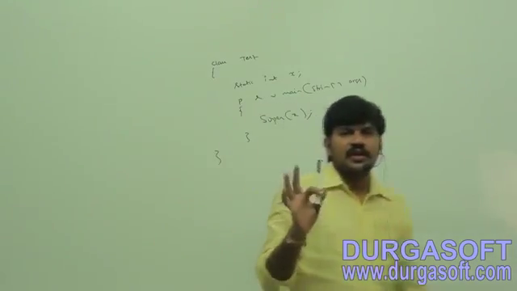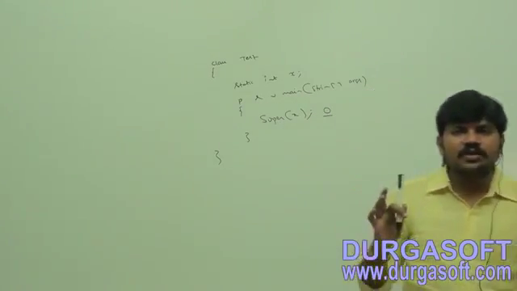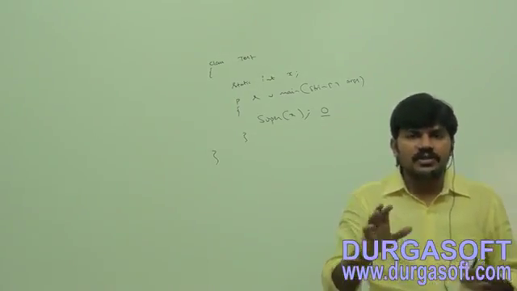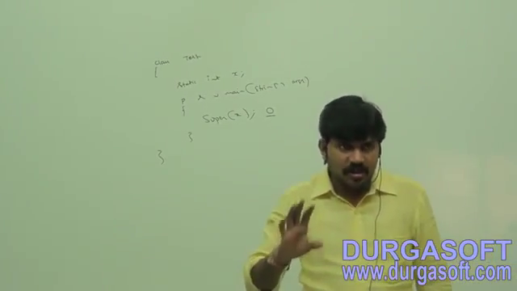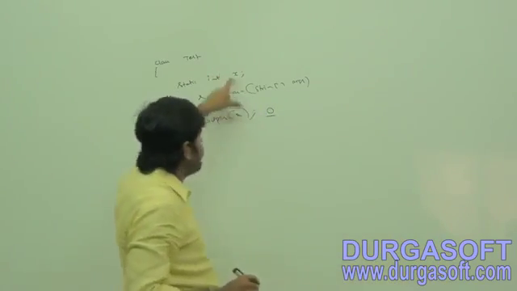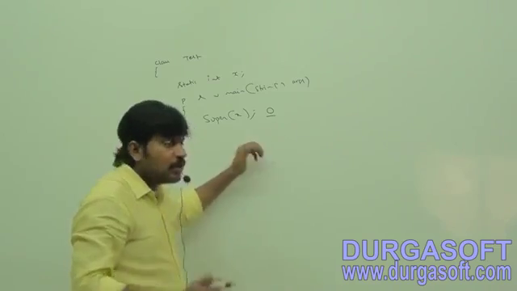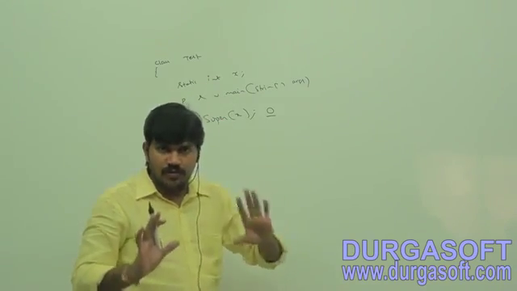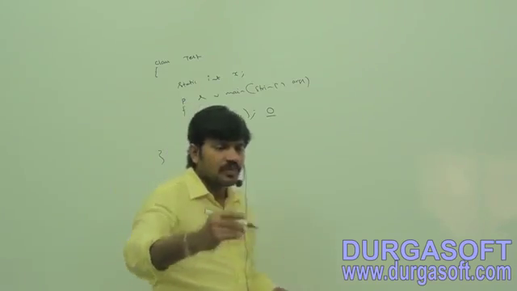Because for a static variable, JVM will always provide default values. We are not required to perform initialization explicitly. But if the static variable is final, what is the behavior? That part we will discuss later.